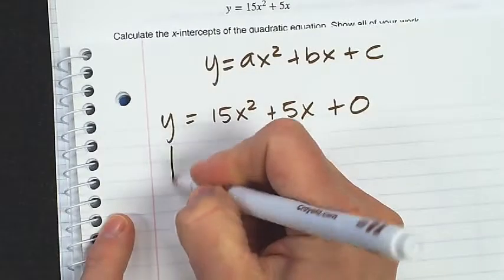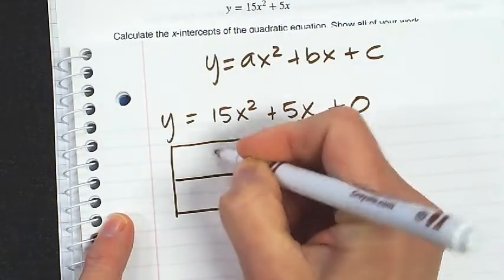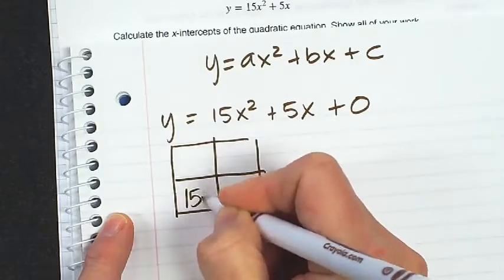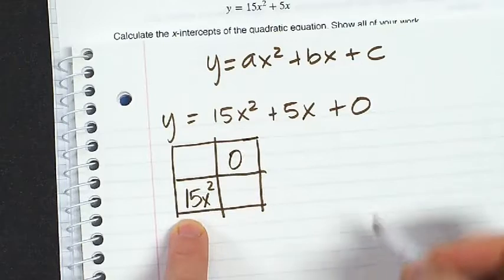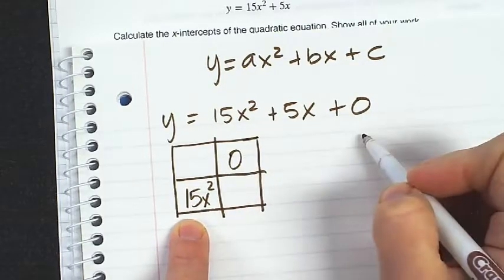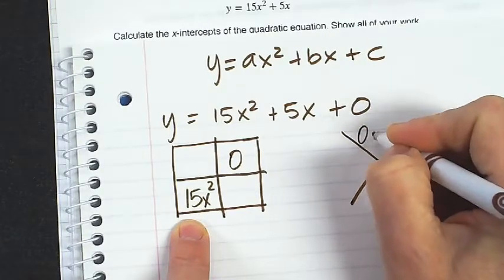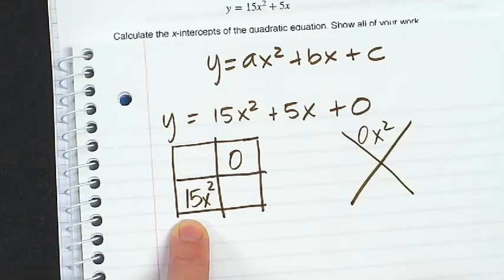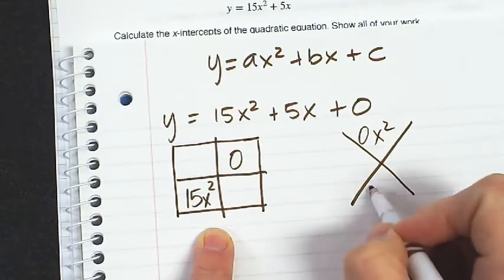So let's factor this using an area model. 15x squared, remember your x squared term and your constant go in opposite corners, and you're multiplying these to put in the top of a diamond. You could just put 0, but I kind of like to put the x squared up there, and then the x term goes in the bottom.